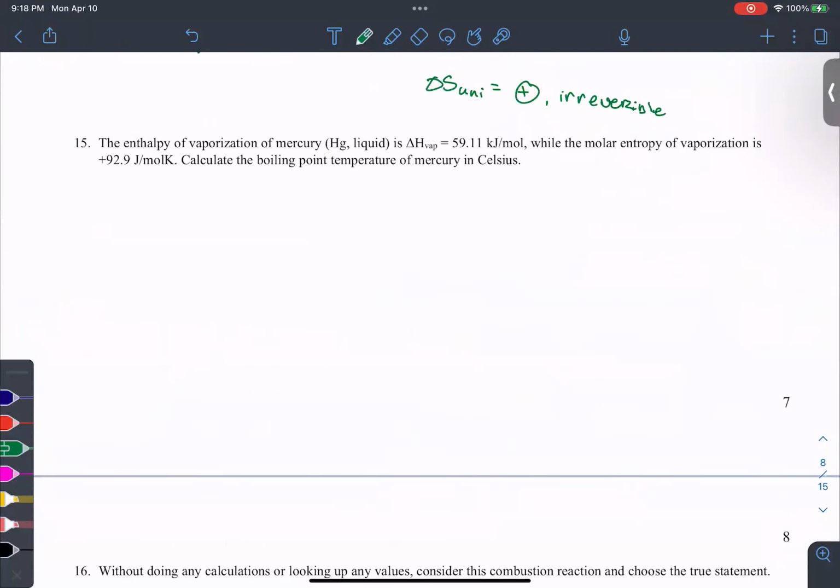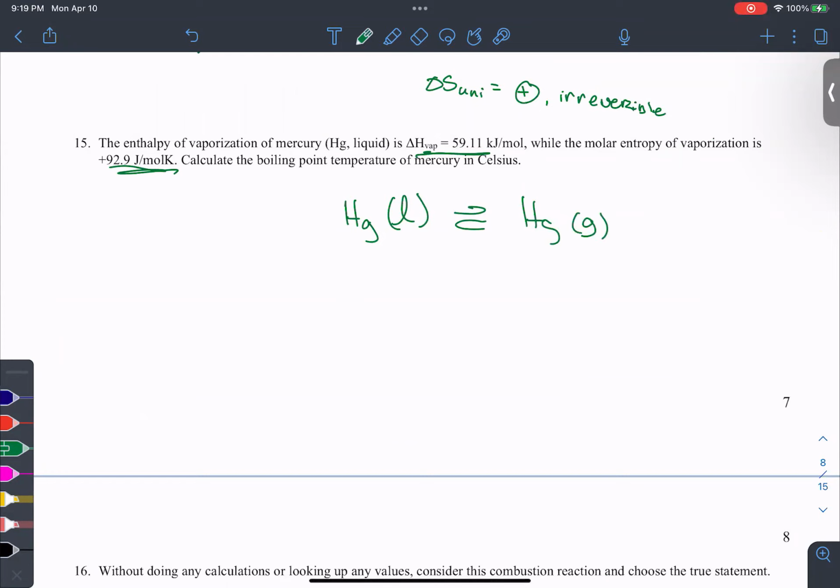The enthalpy of vaporization of mercury is given, and its entropy of vaporization is given. Calculate the boiling point temperature of mercury in Celsius. So we have mercury. Let's think about how to boil mercury. You're turning a liquid into a gas.